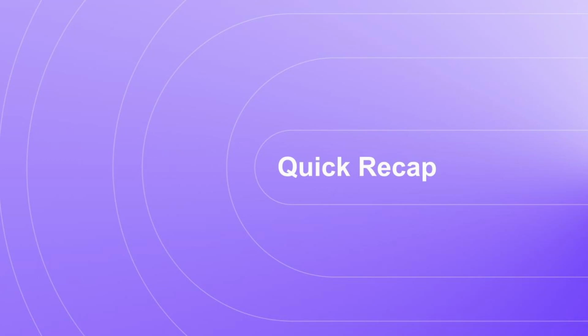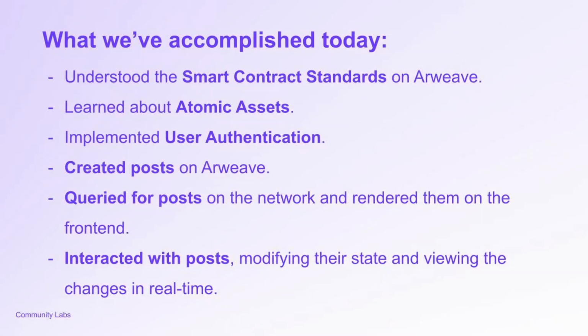Great stuff, guys. Pat yourselves on the back and grab some ice cream. We have just created a full stack image sharing application on Arweave. Let us take a quick look at what we've accomplished today. We have understood the smart contract standards on Arweave, looked at various functional programming patterns and their implementation.